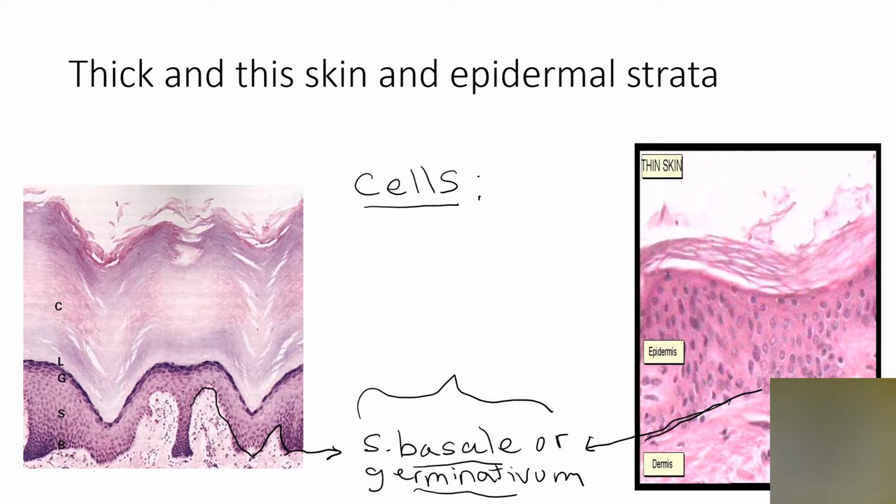Interdispersed among the germ cells are pigment-producing cells called melanocytes. Melanocytes produce a pigment called melanin.